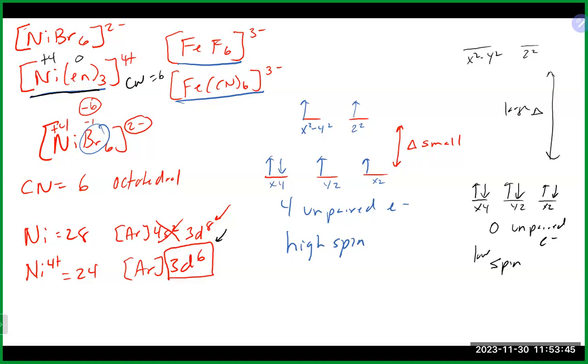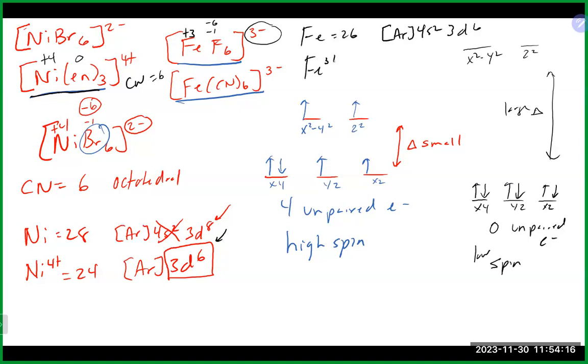All right, so rolling over to iron here. Iron, with no charge, is 26, which means that's argon 4s2 3d6. Looking here at the fluorine, which is -1, there's 6 of them. That gives us a -6. Overall, -3, which means the iron here is carrying a +3 charge.